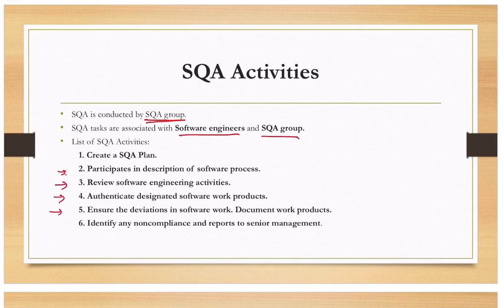The sixth one is to identify any non-compliance and report to the senior manager. Non-compliance items are identified and tracked until they get resolved. Periodic reporting about it is done to the project manager.